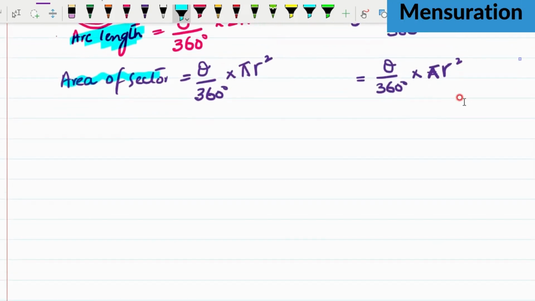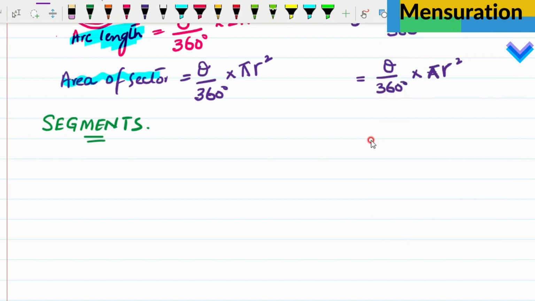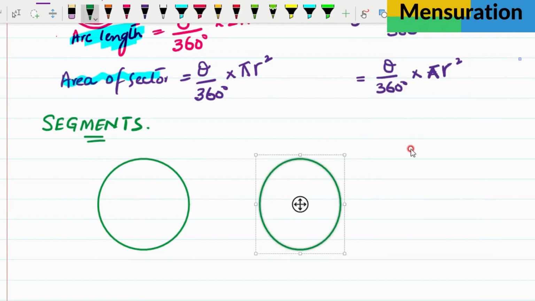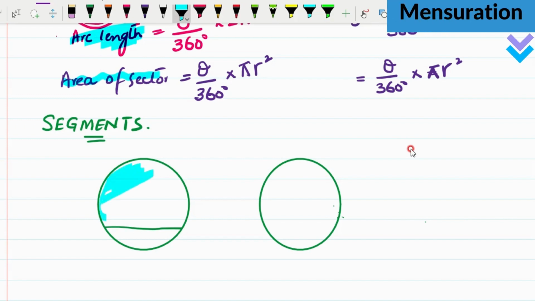Let's understand about segments. We need to identify this term also. What is meant by segment? Okay, let me draw a shape again. That is a circle, you know. Okay, one more shape is required. Here it is. Let me draw a line here, and suppose this is covered.